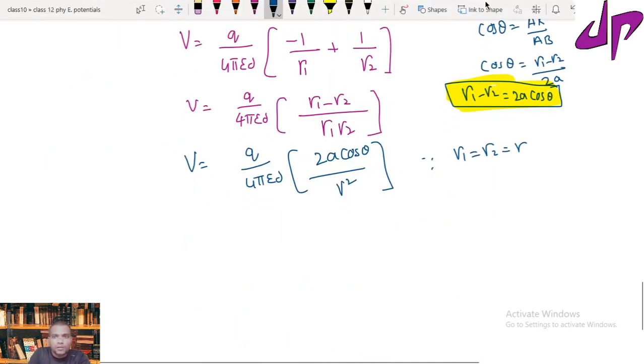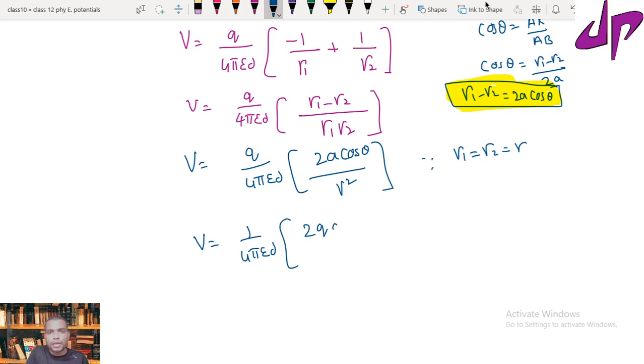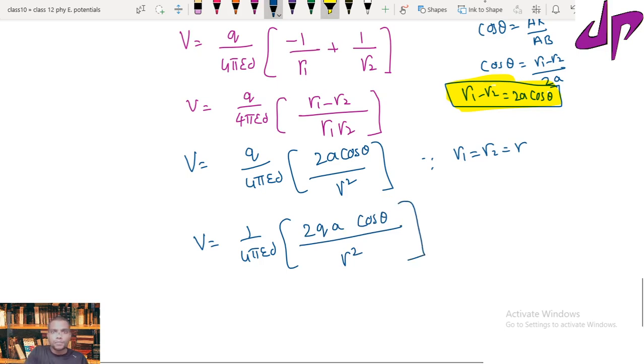So if you write these expressions, V equals 1 over 4 pi epsilon naught of, if you send the q inside, 2qa cos theta upon r square. In the place of 2qa, you can write dipole moment, since P equals 2qa.